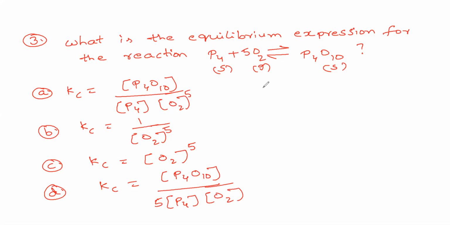Now, since we already know the solution, I'm doing it here. The formula for finding the equilibrium constant is concentration of products raised to the power of the stoichiometric coefficients by concentration of reactants raised to the power of the stoichiometric coefficients. So this is the formula for finding Kc, because Kc is equal to Kf by Kb.